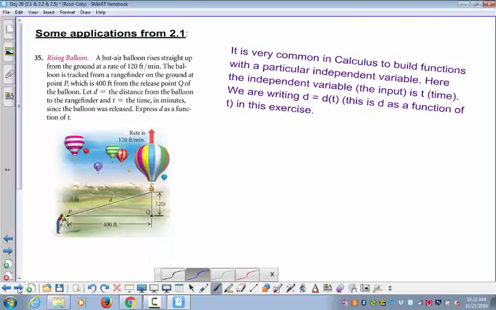Now, one thing, this problem looks a lot harder than it is. We have a triangle here, and it gives us some information about the rate at which the balloon is rising. It's rising at 120 feet per minute. Calculus is all about rates of change.